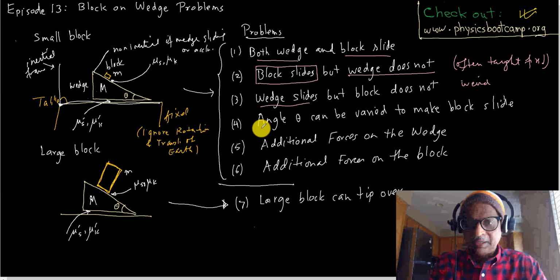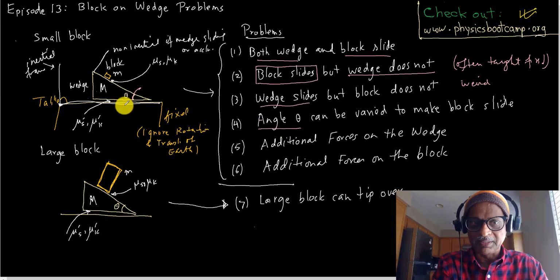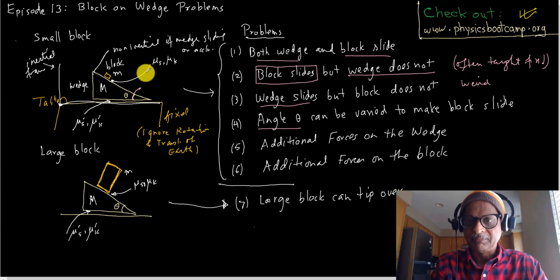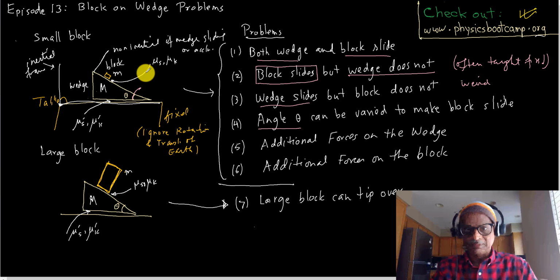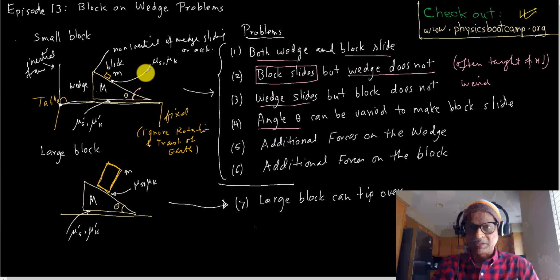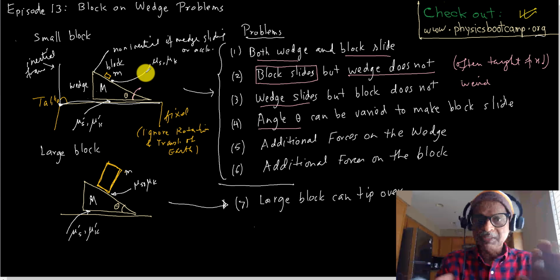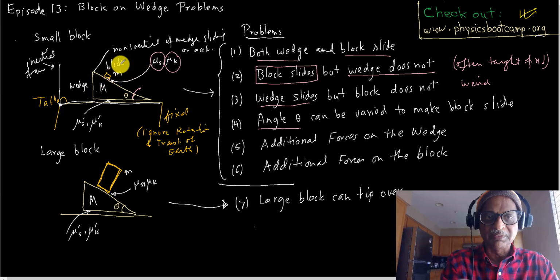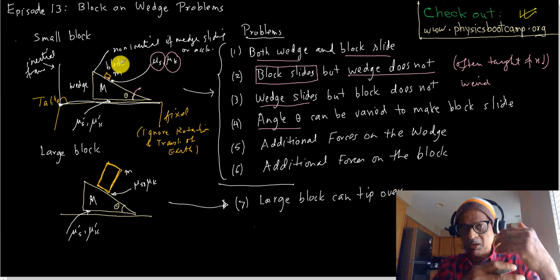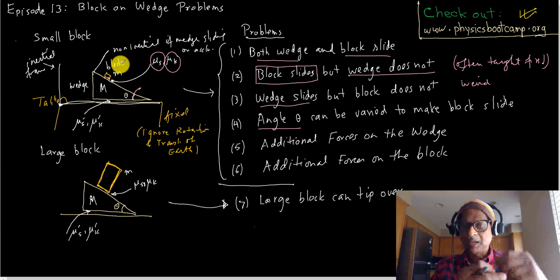And then there is an angle theta. If you are allowed to vary this angle, then the question would be, at what angle will the block slide? Things that are given to you are the static friction and kinetic friction coefficients for the surface of contact between the block and the wedge.